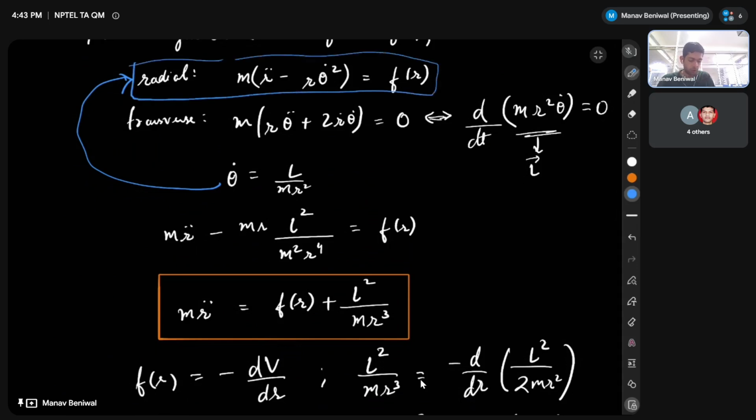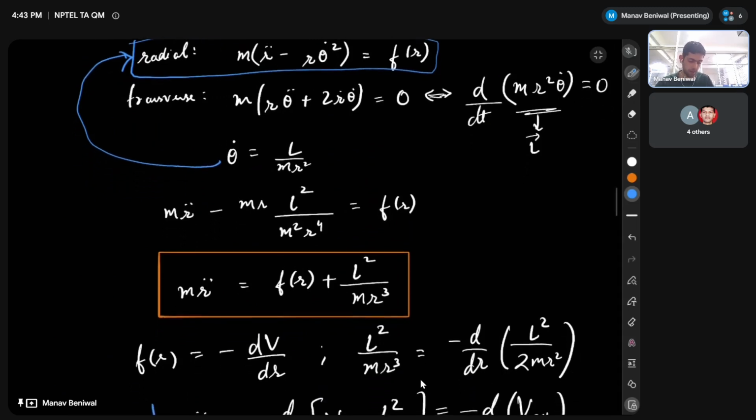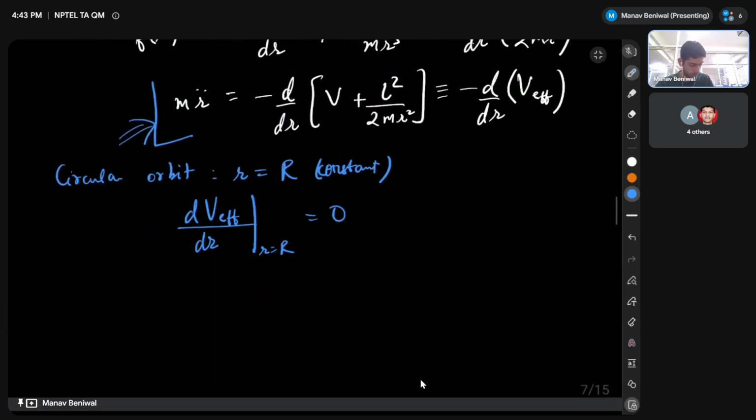For my radial component, my first term goes to 0, so r double dot will be just 0, and what I will have is the centripetal force, minus m r theta dot squared, which is equal to f of r. I can write this r also as my radius, and this f of r is given to be minus k r to the power n, so it will become minus k r to the power n.